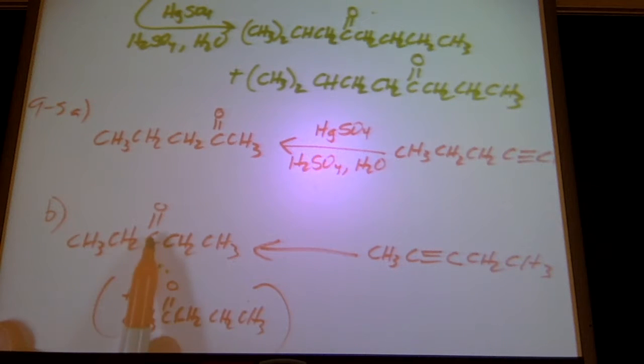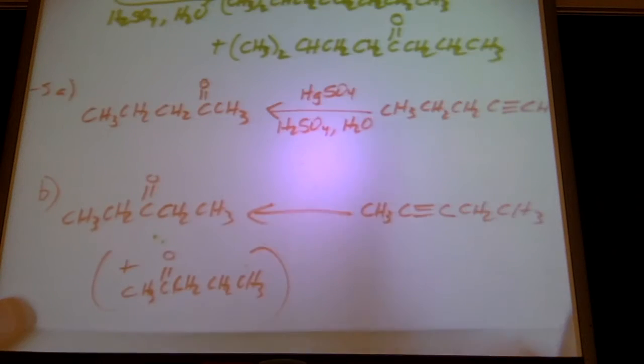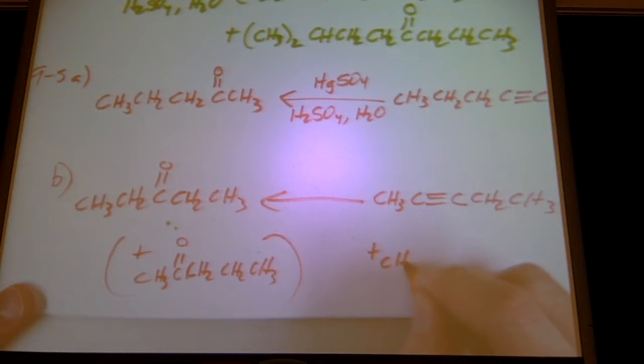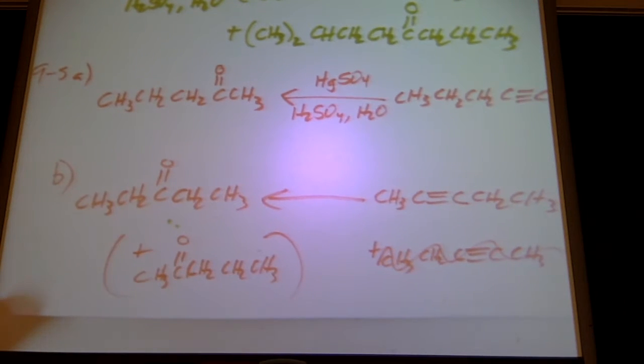So if I was trying to make this ketone, if I was trying to make 3-pentanone, I'd have no choice but to use 2-pentyne, or let's see, I do have a choice. Let's look at that. No, it's the same thing. Putting the triple bond the other way is the exact same thing. So no choice.